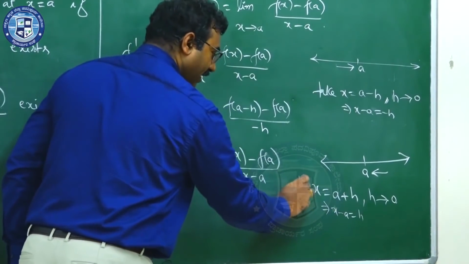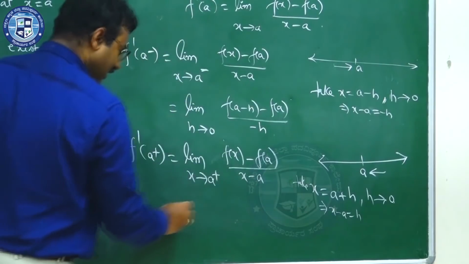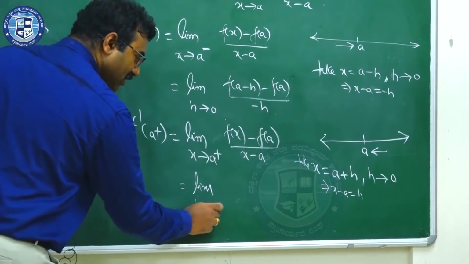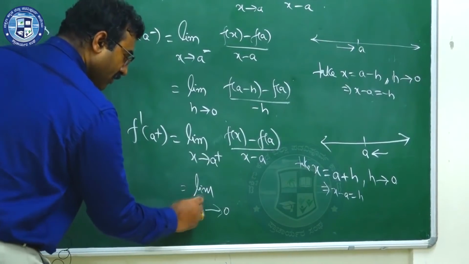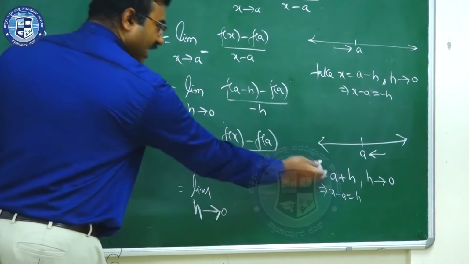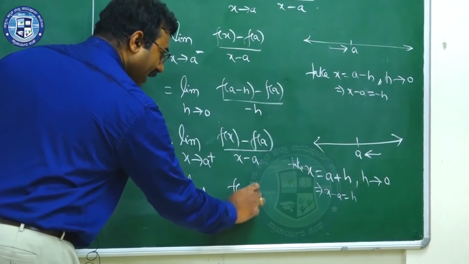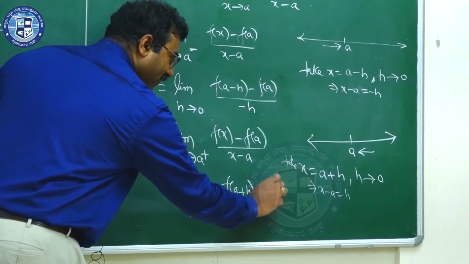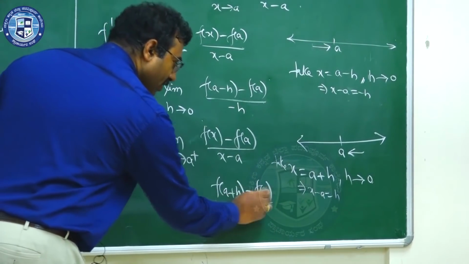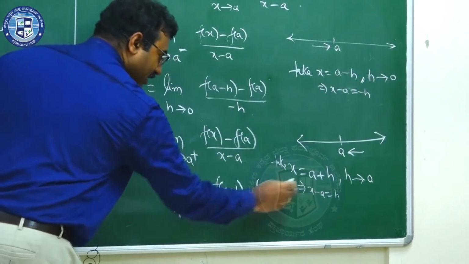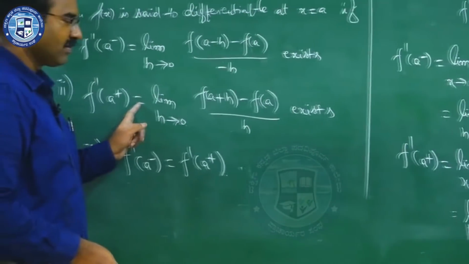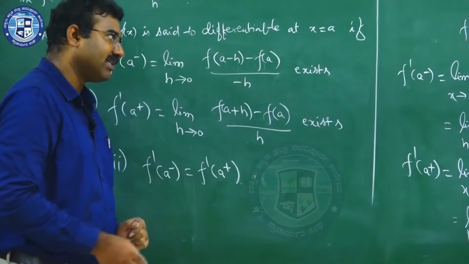If I replace these things here, limit h tends to 0, x is a plus h, so f of a plus h minus f of a divided by x minus a, which means h. See that, you can compare it; this is how we got the formula for f dash of a plus.